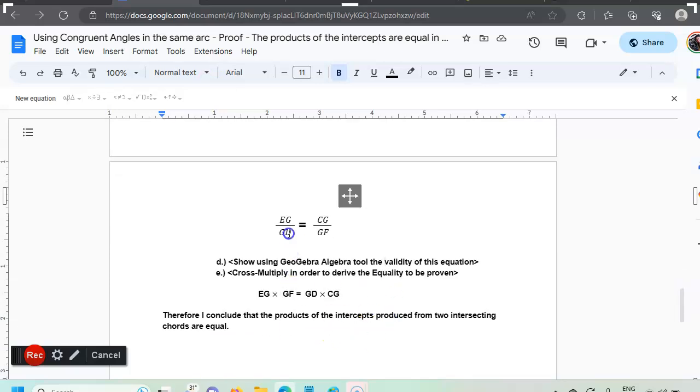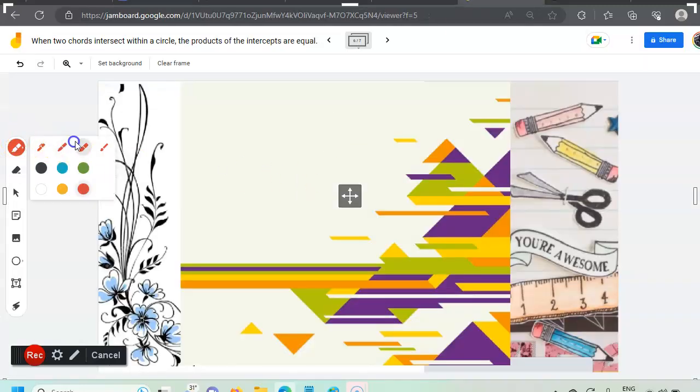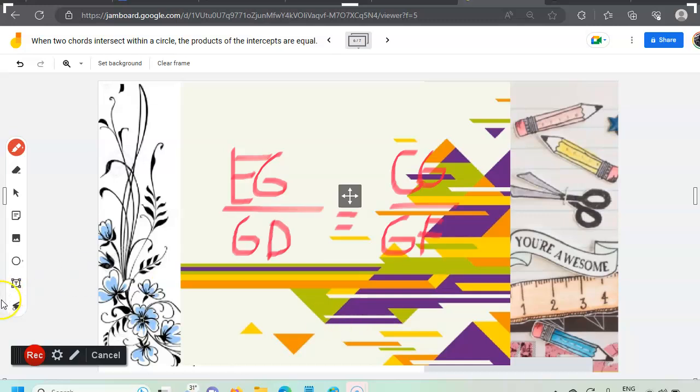And then we're going to make use of this equality to derive the equality of the theorem that we are proving. So we have EG. So let me write that down. Okay, so this is the equation that we now have. So we are going to cross multiply.